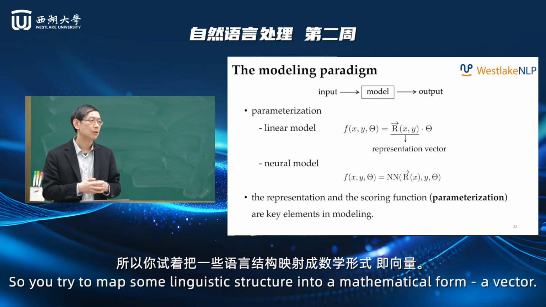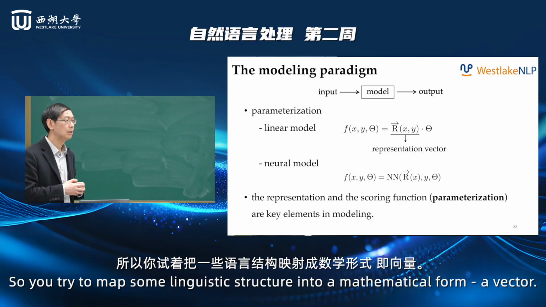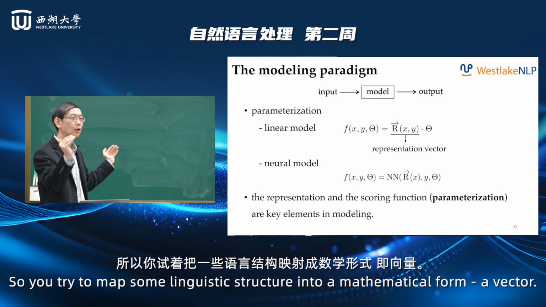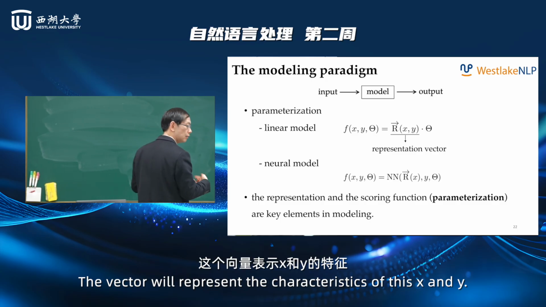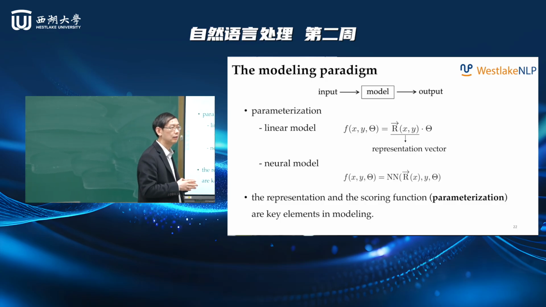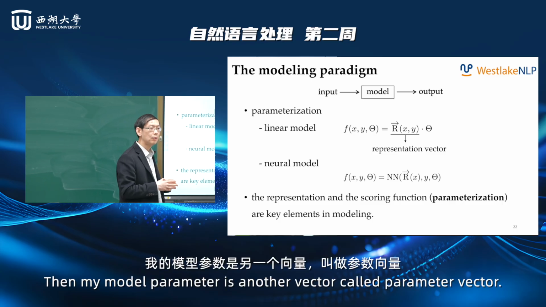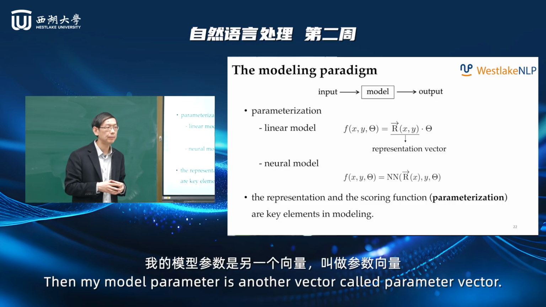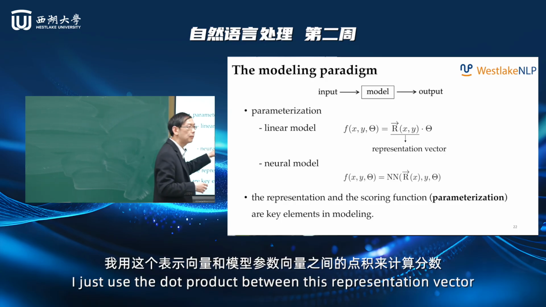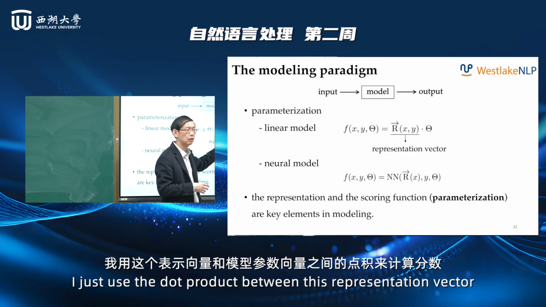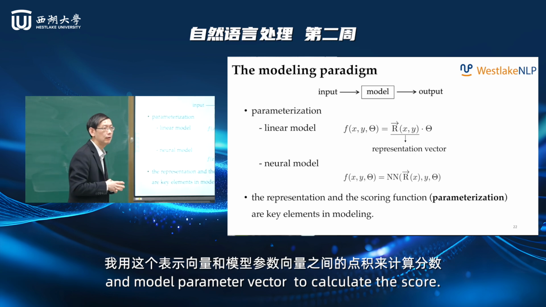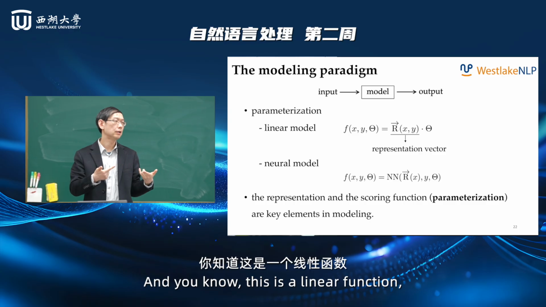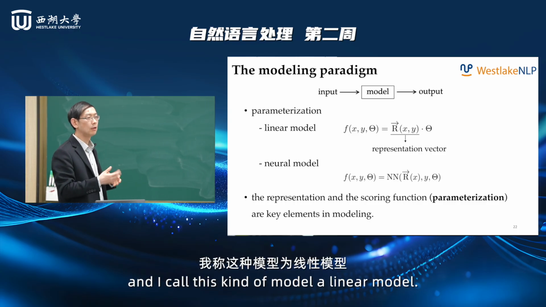You try to map some linguistic structure into a mathematical form, a vector. The vector will represent the characteristics of these x and y. And then my model parameter is another vector called the parameter vector. I just use the dot product between this representation vector and the model parameter vector to calculate the score. You know this is a linear function, and I call this kind of model a linear model.